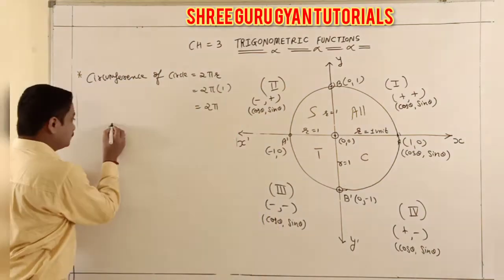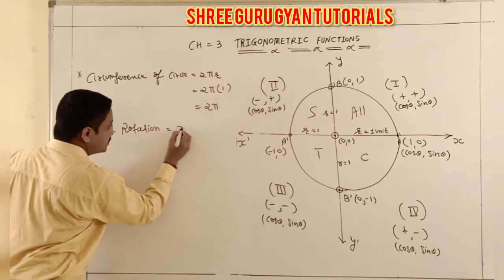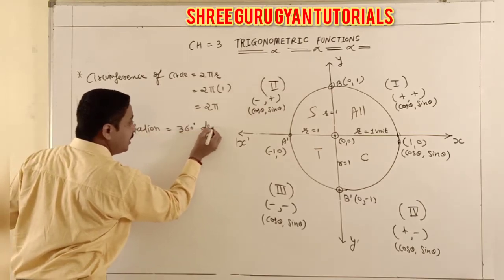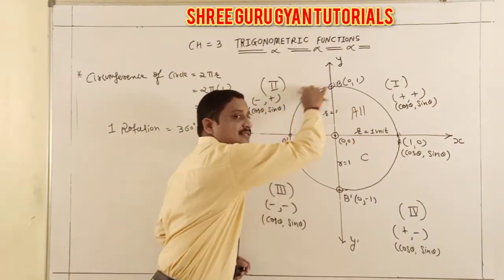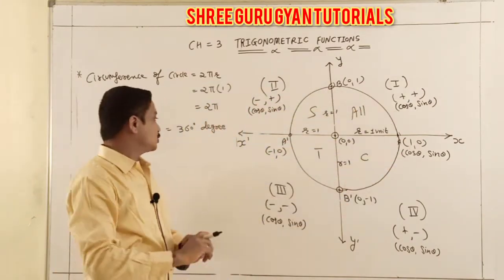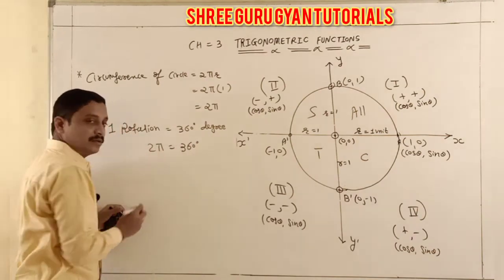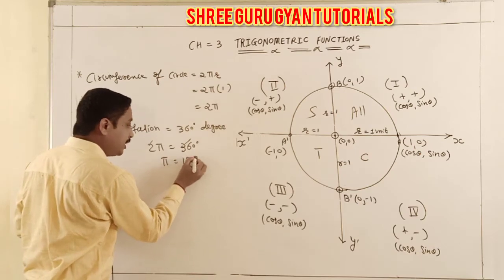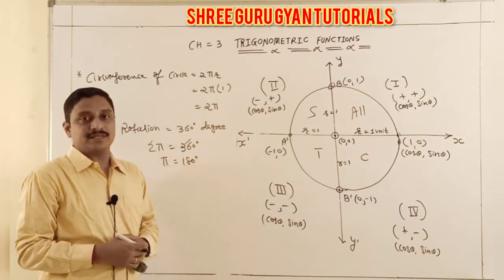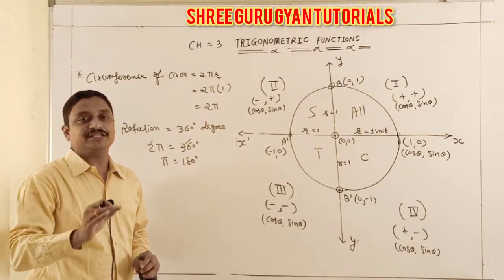So one rotation is equal to 360 degrees, and one rotation covers one circumference. So I apply 2 pi is equal to 360 degrees. It means this cancels, 1 pi is equal to 180 degrees. Yes, 1 pi is equal to our 180 degrees.